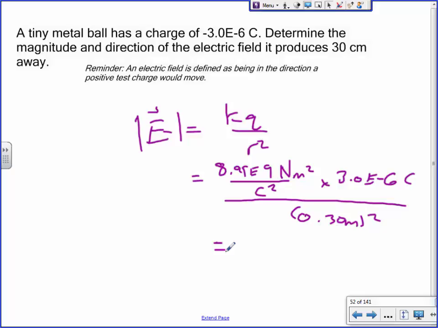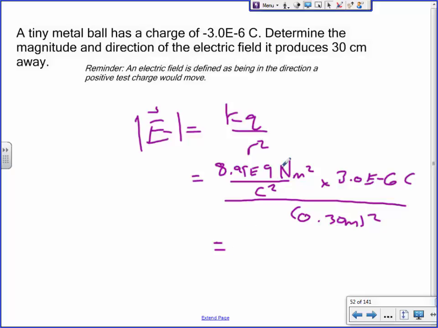Don't forget to square the 0.3 number. How many of you were making mistakes where you forgot to square the velocity in the kinetic energy formula? Any of you do that? I think on this formula, if you're likely to make a dumb mistake, it's that you're going to forget to divide by r squared and just divide by r. So make a mental note: don't forget to square the r at the bottom.